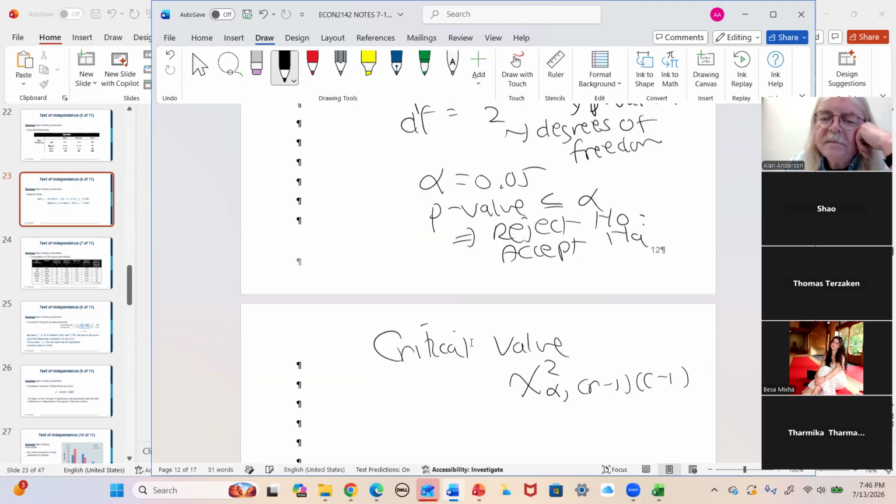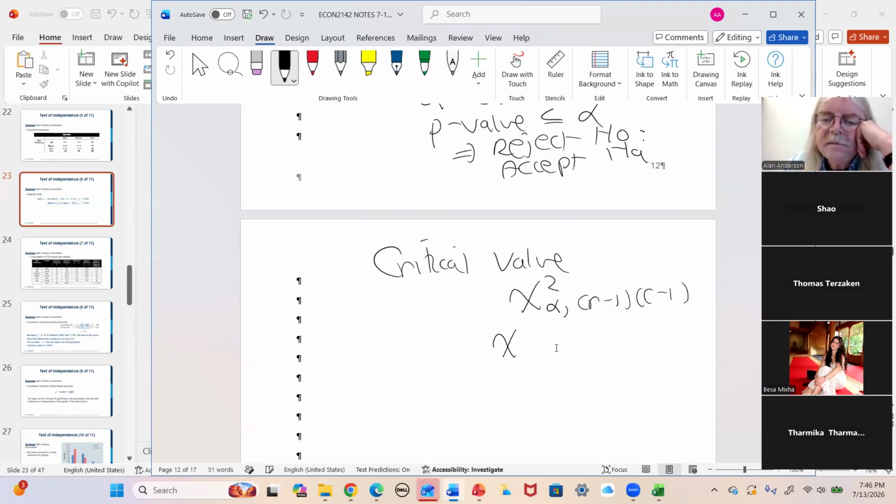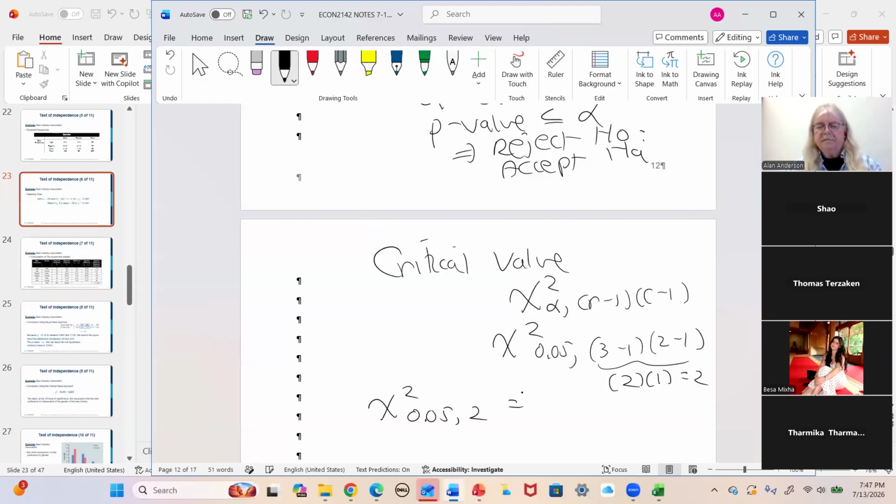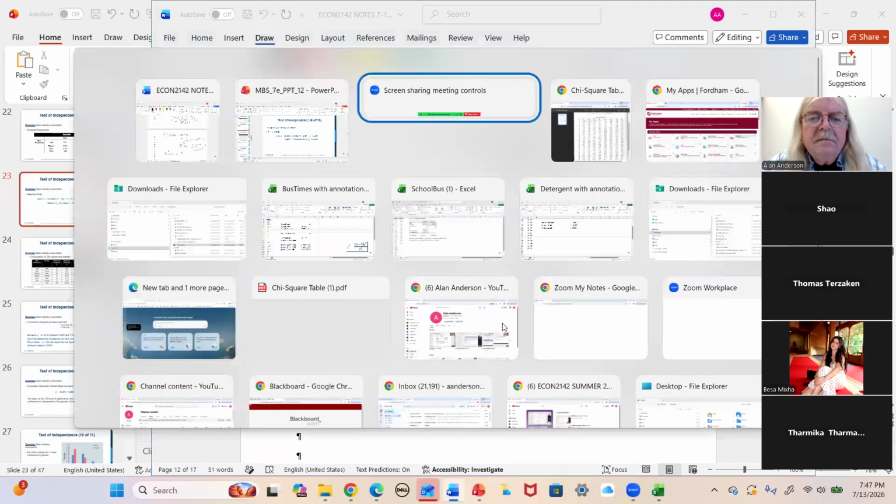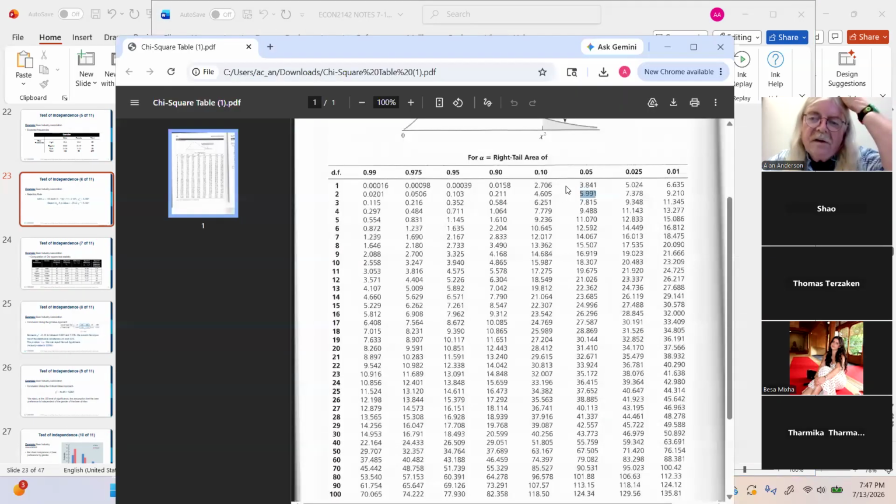So therefore, you need r, remember, was 3, so 2 times 1, which is just 2. Go to the table and look this up. 5% in the right tail combined with 2 degrees of freedom. Actually, we've seen that one before. Look, there it is, 5.991.